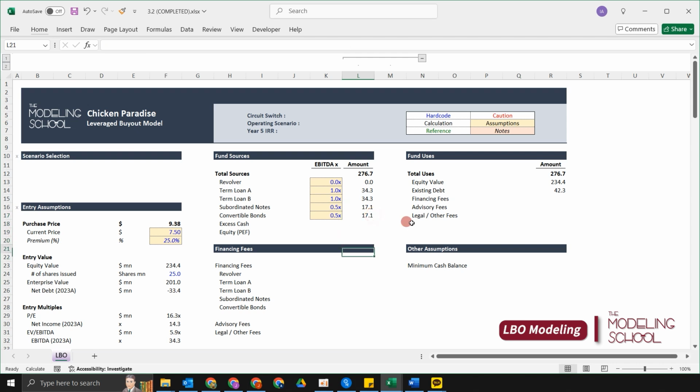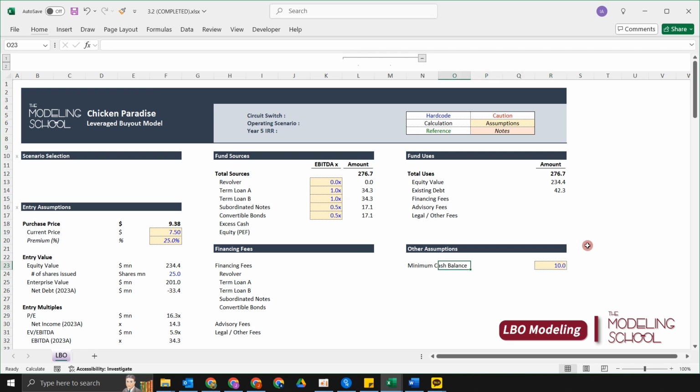And then let's come over to the minimum cash balance and finish this assumption first. Let's copy this format, Alt EST. And we're going to put 10 million as minimum cash balance.